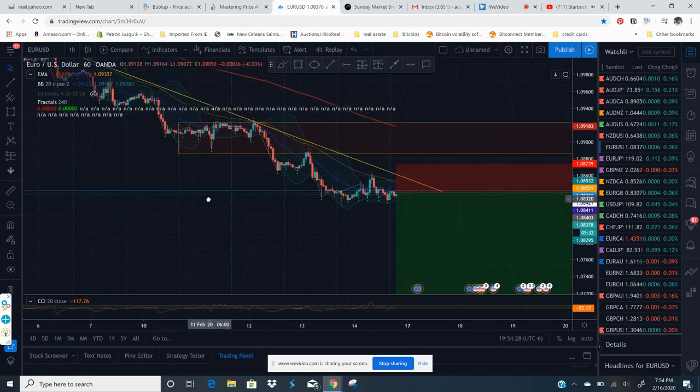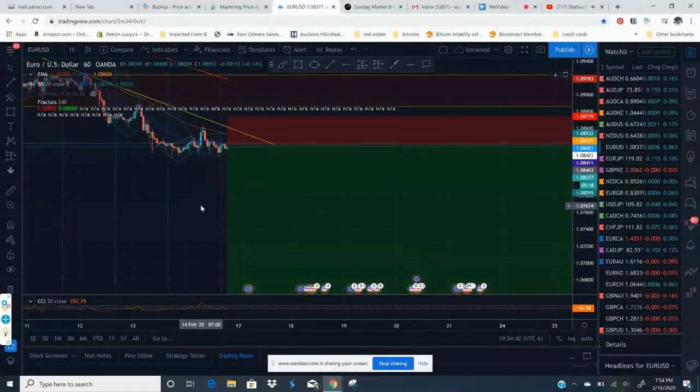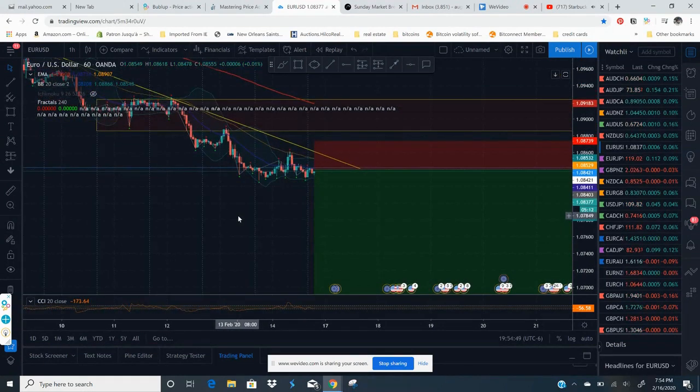Let's look at the history. It ranged down, shot down. Range didn't quite hit the 50. Came up, touched the 50 again, kept going to the downside. So that's what I see. I don't see it going up.